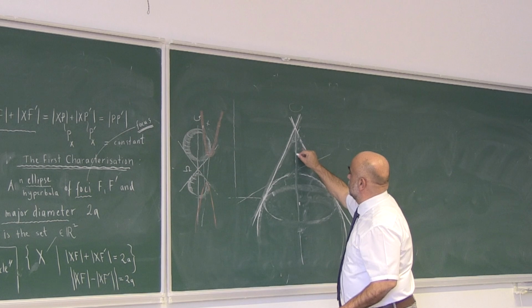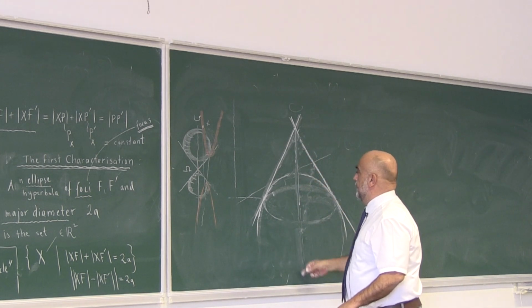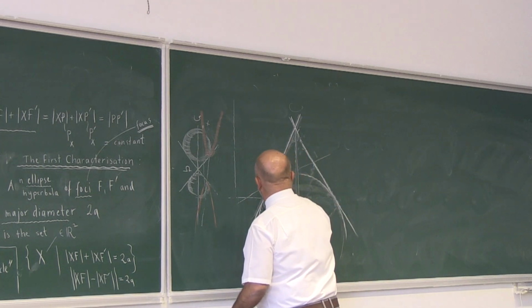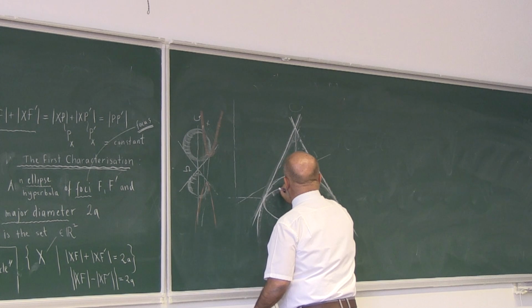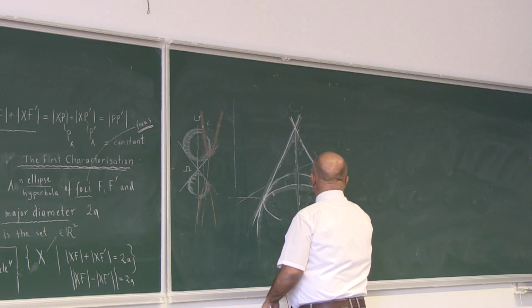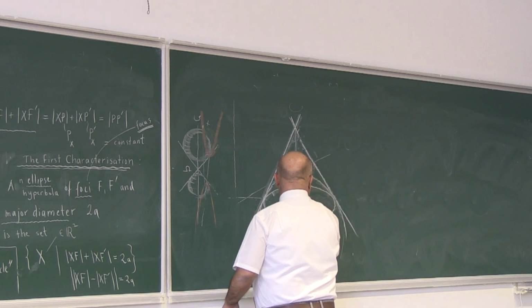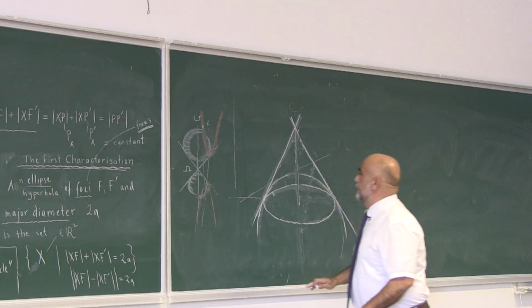Right, there we are. Let me make this circle a little bit more precise: the circle in which the sphere actually touches the cone, so to speak, fits it. Great.